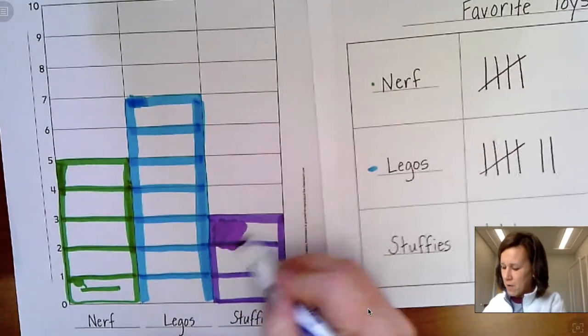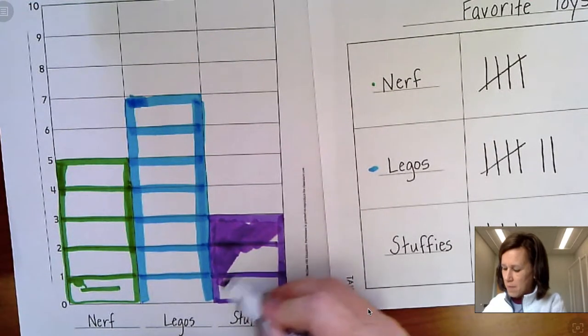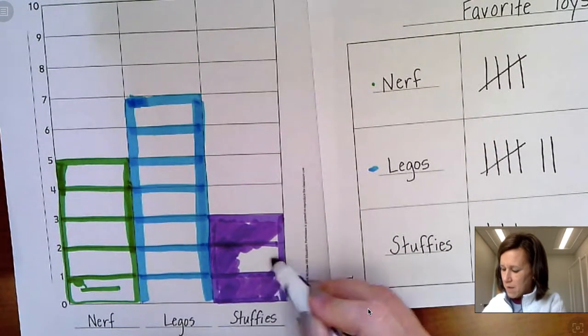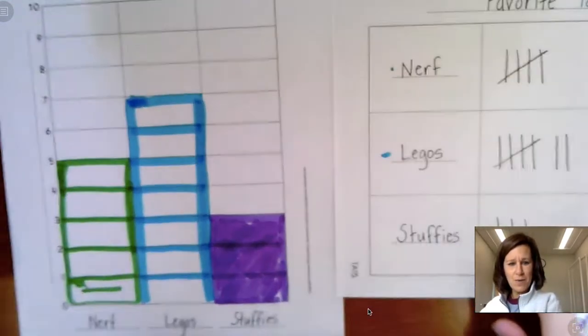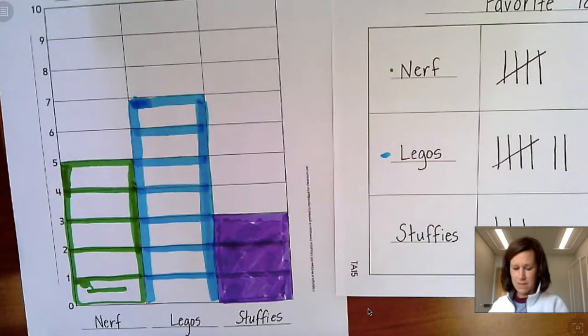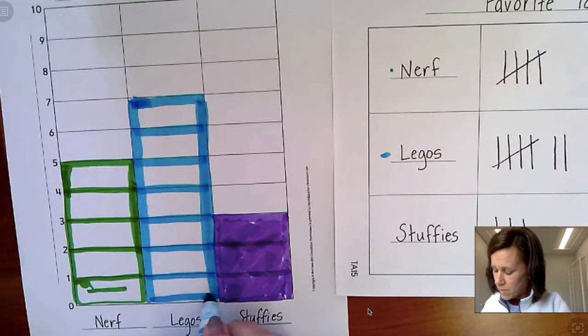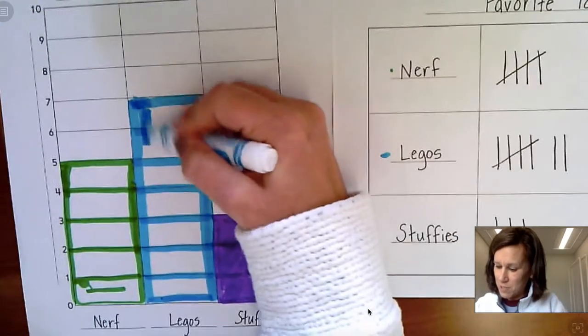And now I'm going to color in my bars, and I'll be able to compare my data in 2 ways. I can compare it by looking at the tallies, or I can look at the bar graphs. So right away, we might think about what's more, what's the least, and what's in between.